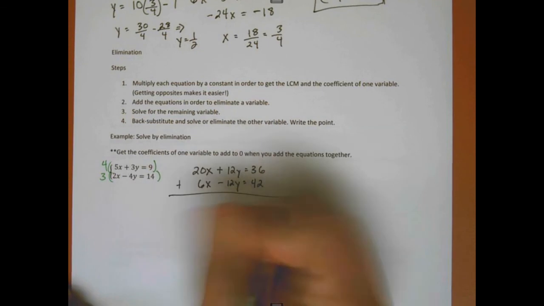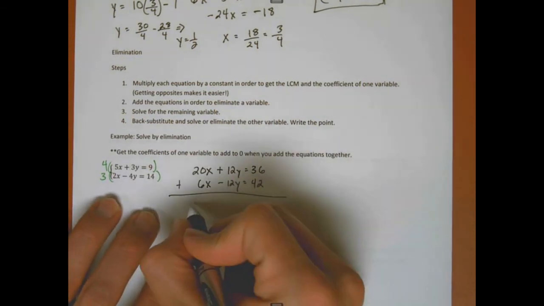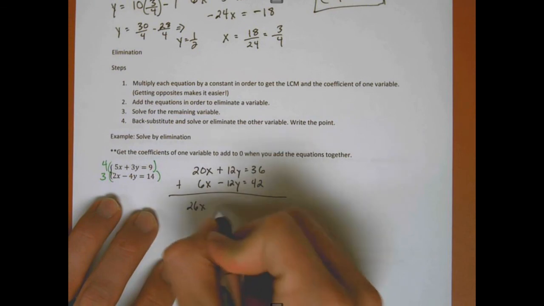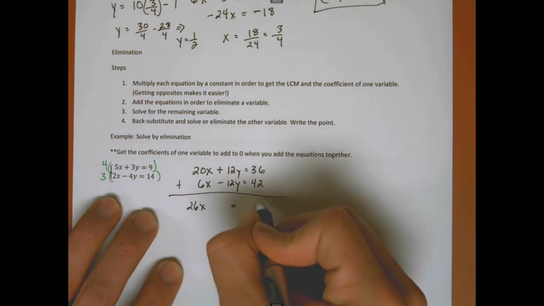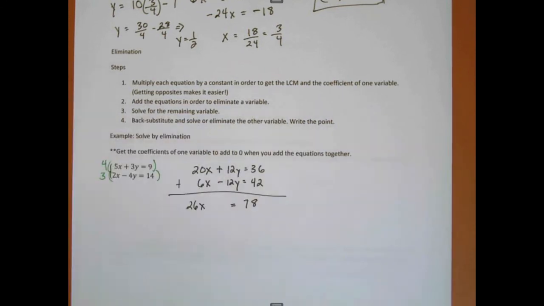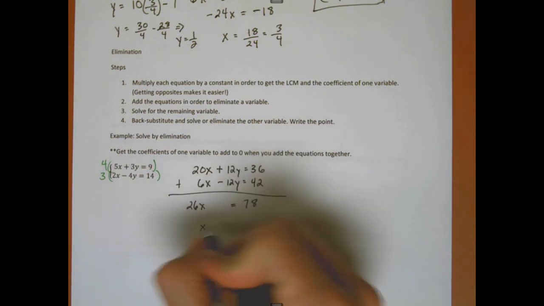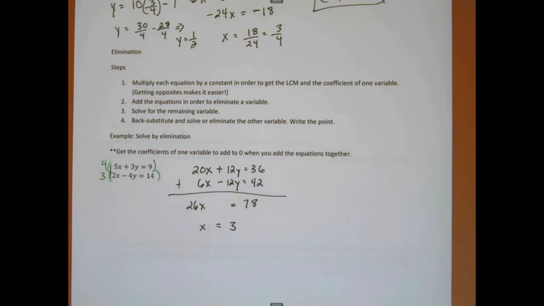And then you're going to add these together. And so you get 26x, and then these add to 0. And then 78. I'm just making sure that was 3. So then divide by 26 to get x is equal to 3.